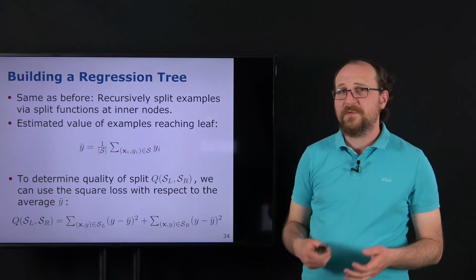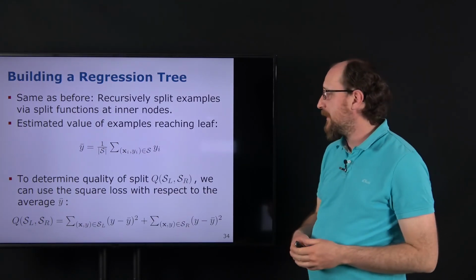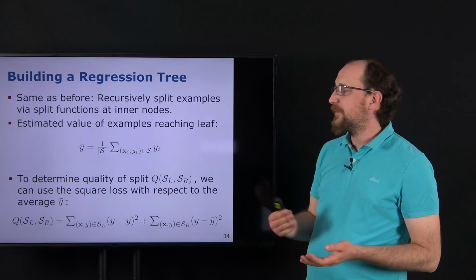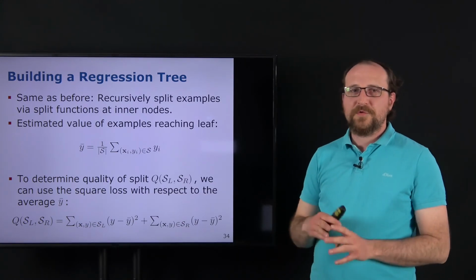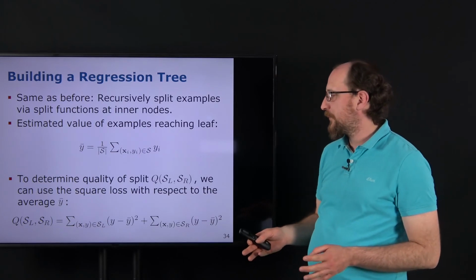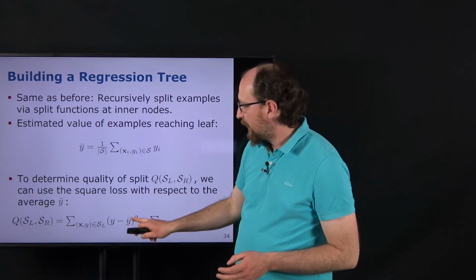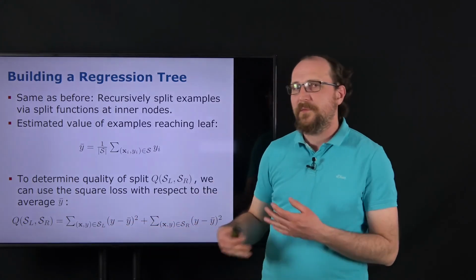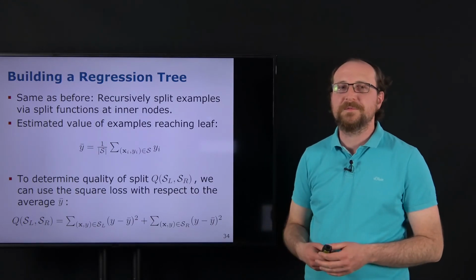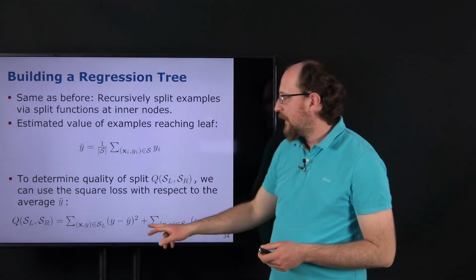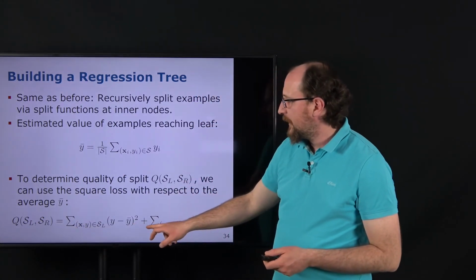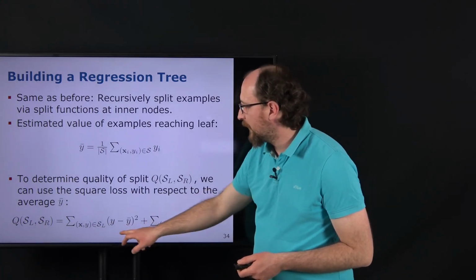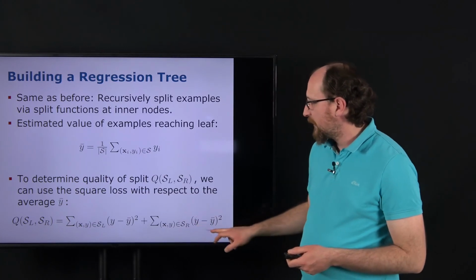To determine the quality of the split, we cannot use the information gain anymore, but have to do something a little bit different. We assume that we would split there and then stop splitting, so we would produce two leaves. Therefore, we check how well such a leaf would predict the values that we have there. We do this for the left part, the L2 loss, the squared error for the left part, and the squared error for the right part.